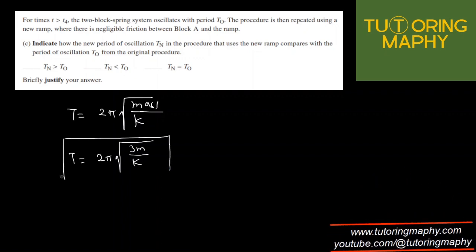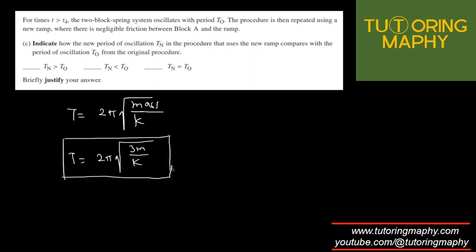So why will the time period change? Even if you make the initial block frictionless, the velocity will change, but the velocity is not going to impact the time period. So the time period is going to remain the same, and this is our justification, because these two things are constant. I hope this question makes sense.